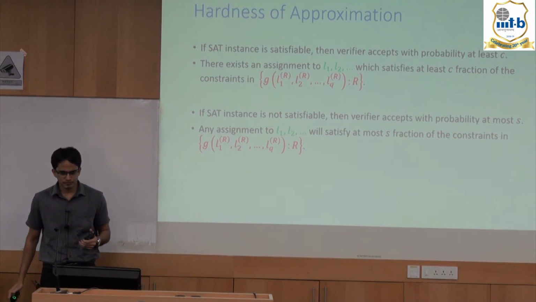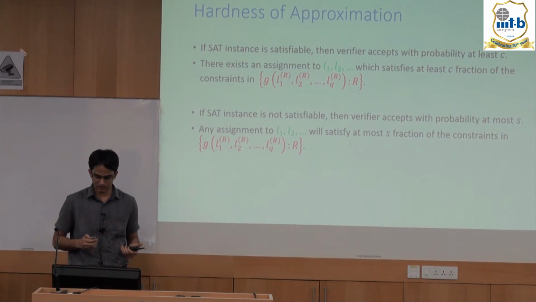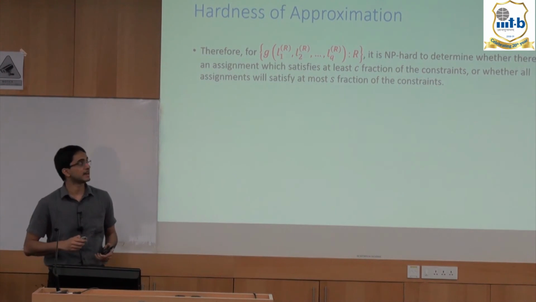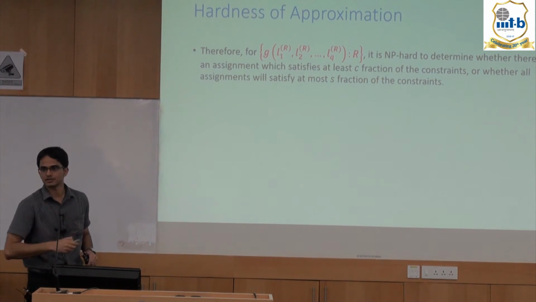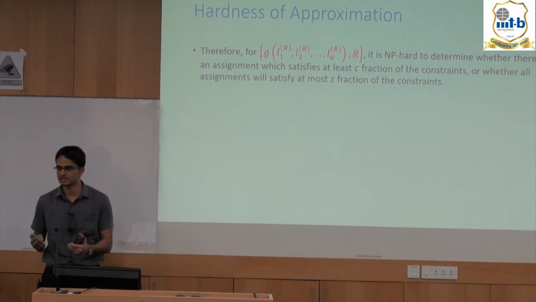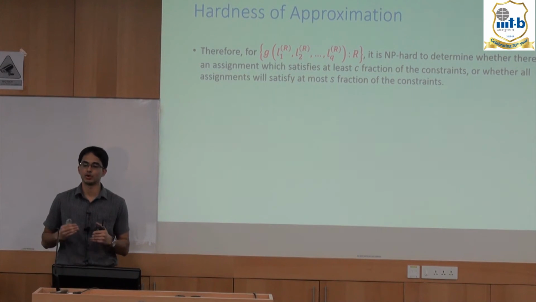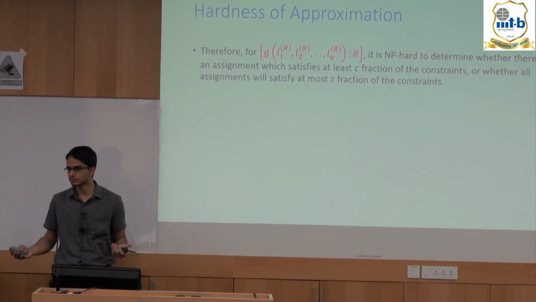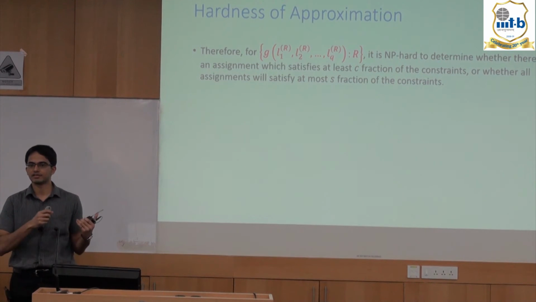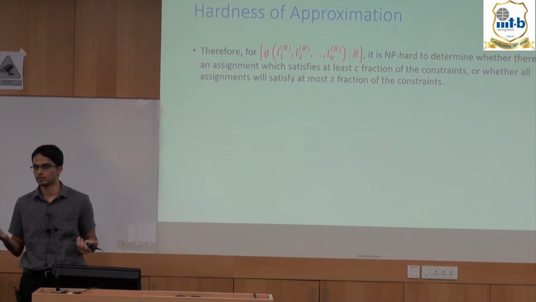Because we know that checking whether a SAT instance is satisfiable or not is NP hard, determining whether there exists an assignment which satisfies at least C fraction of the constraints, versus whether all assignments satisfy at most S fraction of the constraints, is NP hard. Because if you could distinguish between these two, then from the argument I showed you in the previous slide, you could potentially solve the SAT problem.